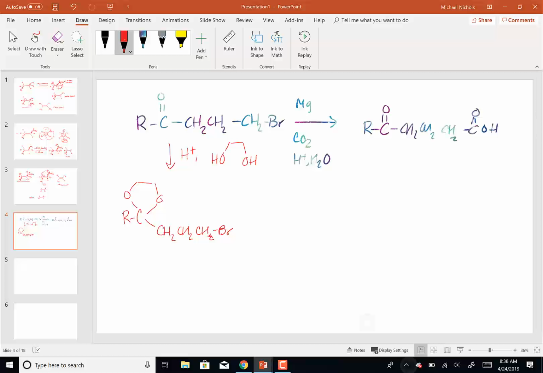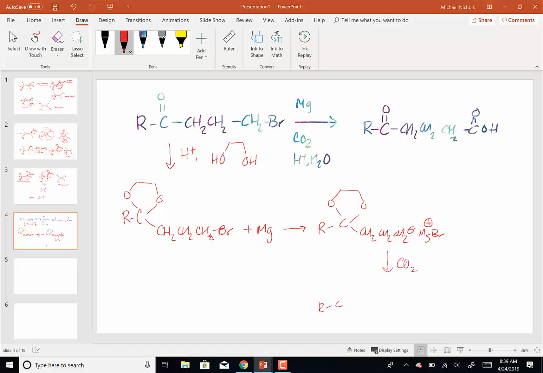Right now, I can go ahead and add my magnesium metal to that. So that's going to make my Grignard. And I'm going to react that Grignard then with CO2.